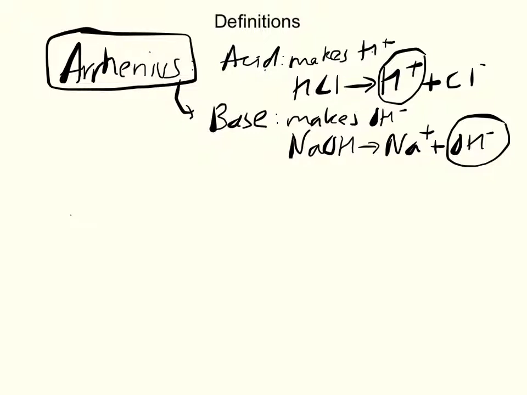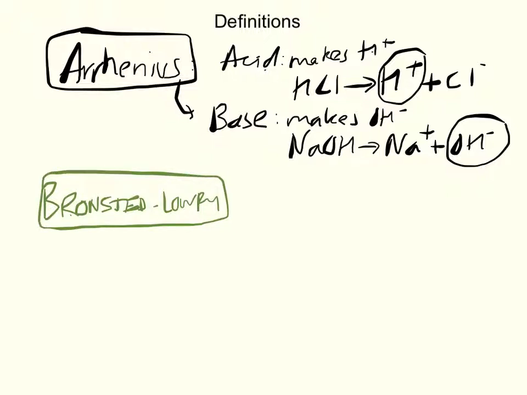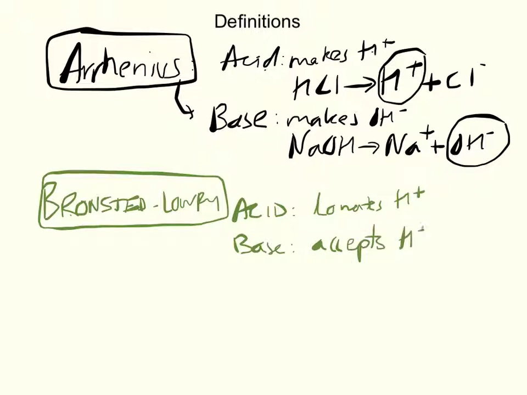We also need to know the Bronsted-Lowry definition, which we're more familiar with. A Bronsted-Lowry acid donates H+, whereas a base accepts or gains hydrogen ions, H+.